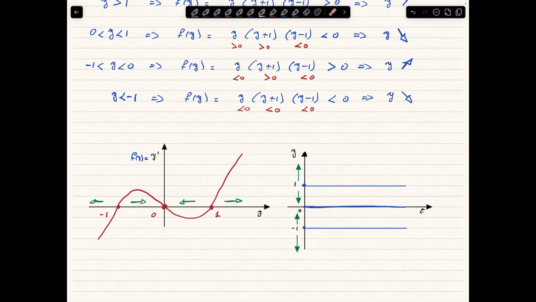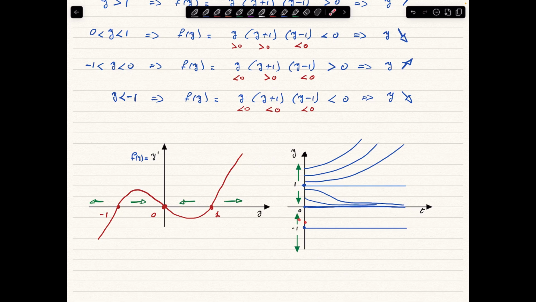Here we see that the solutions have to be increasing, so the solutions with these initial conditions have to go something like this. They cannot cross, isn't it? What happens with the solution here? Well, they are decreasing, but they cannot cross the equilibrium solution, so they have to be something like this, and here maybe something like this.